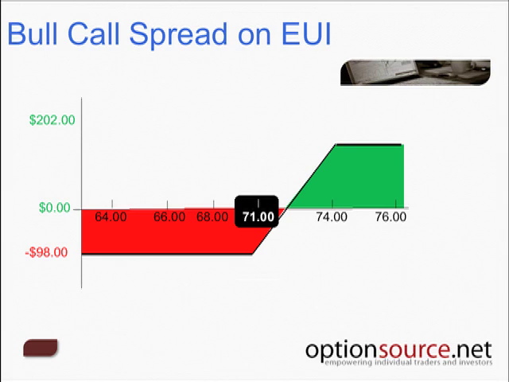Now, here's just a typical risk graph that we would look at, and this is applicable whether you're looking at these FX options or whether you're looking at equity options or what have you.